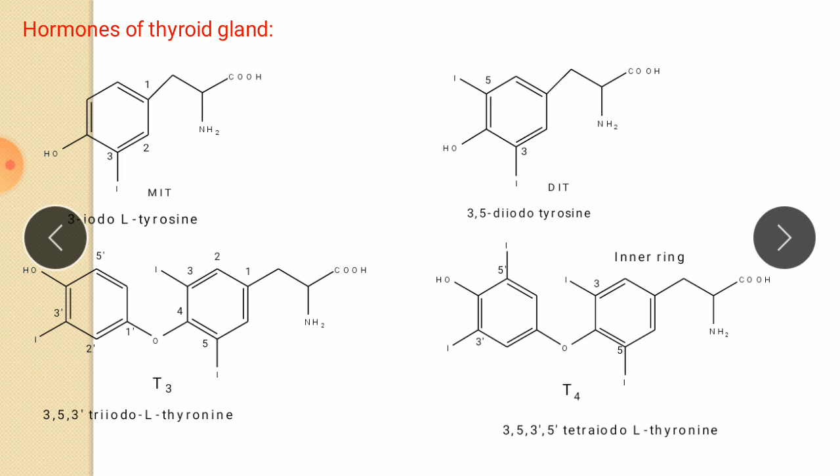So let us start. First one is hormone of thyroid gland. Thyroid hormones are iodinated amino acid derivatives derived from L-tyrosine, synthesized in the thyroid gland and stored as amino acid residues of thyroglobulin.